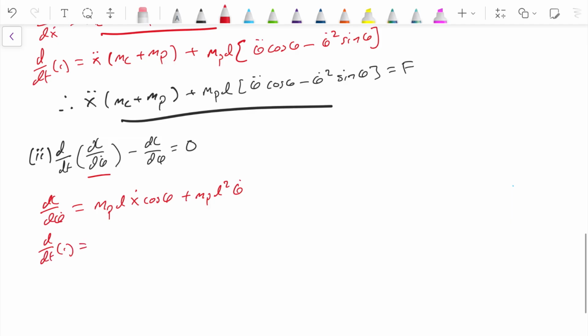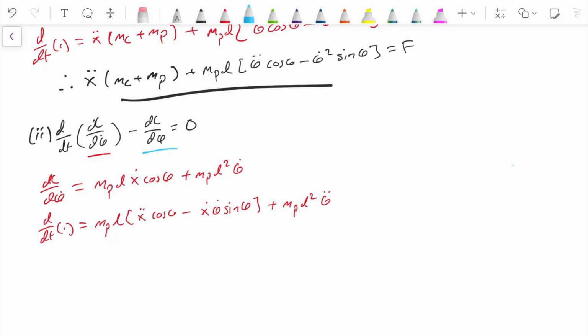Then d/dt of the above, we're going to see a product rule again here. So x double dot cosine theta, then minus x dot theta dot sine theta with the chain rule. And then on this part, MPL squared theta double dot.